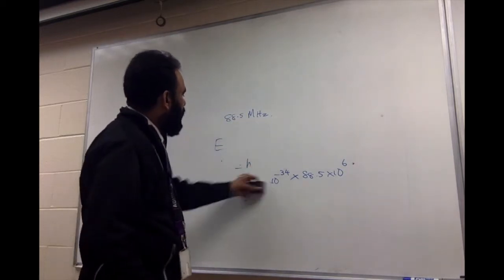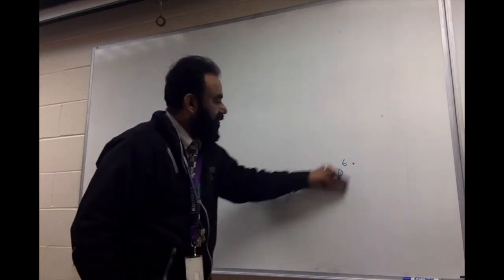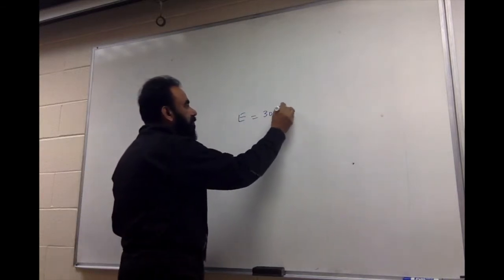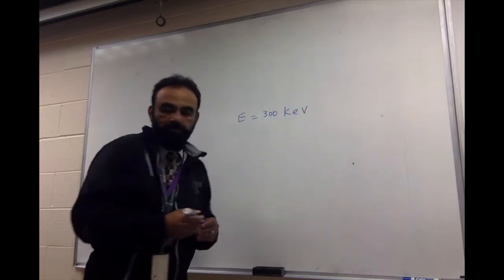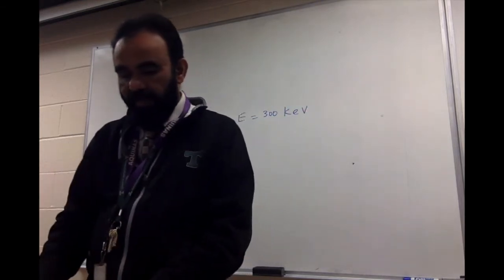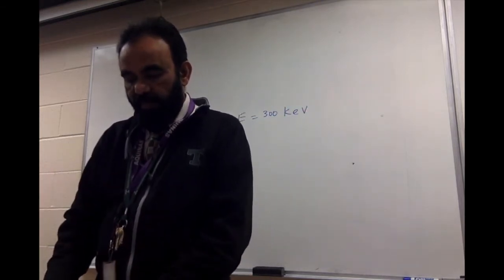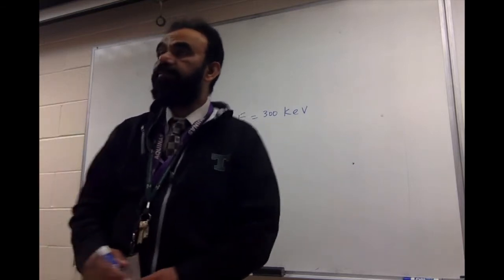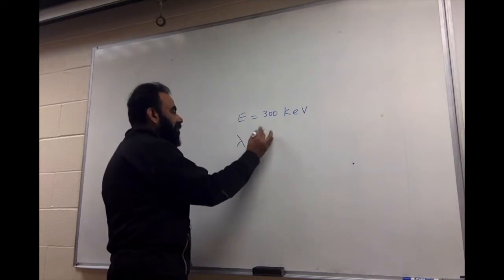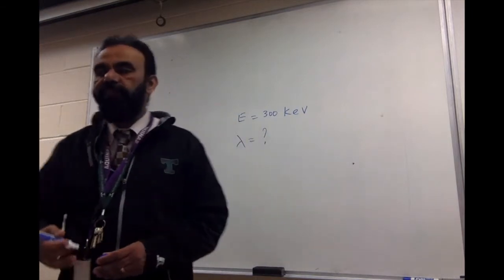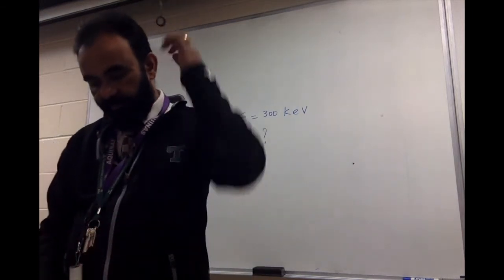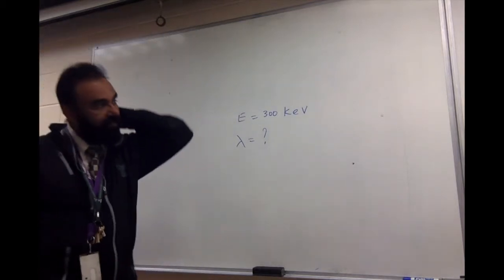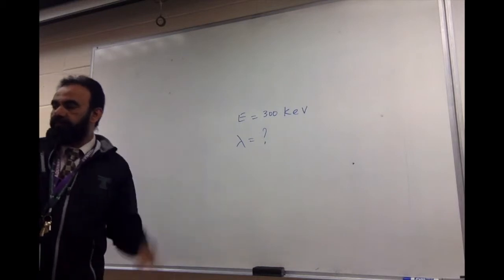So what they're saying is the gamma ray emitted from a nucleus has energy of 300 kilo electron volts. What is its wavelength? Go ahead and find out the wavelength.